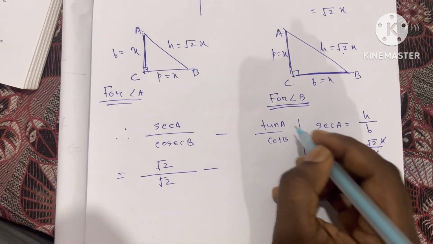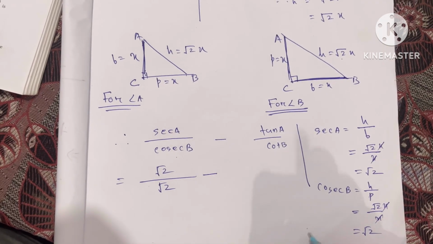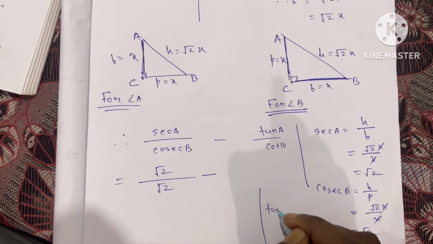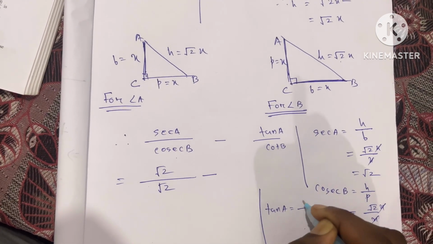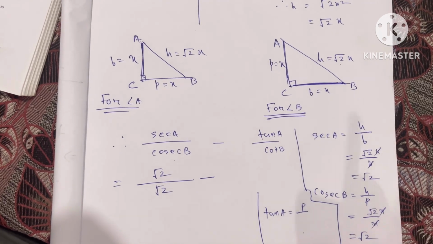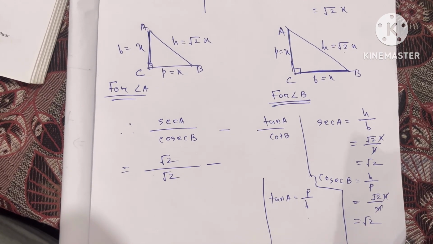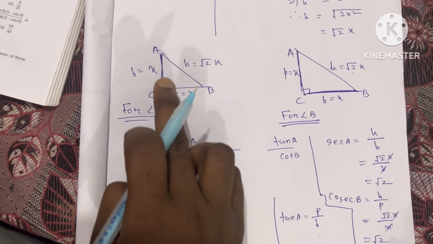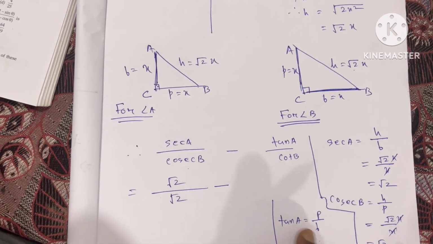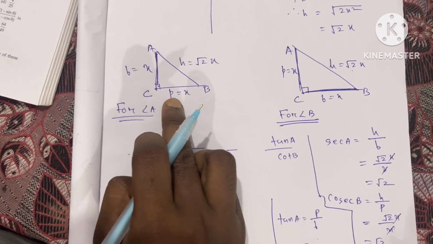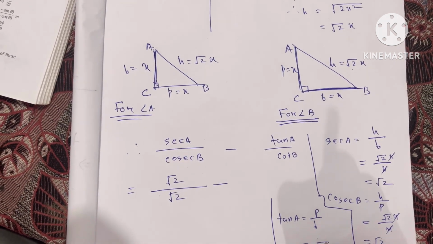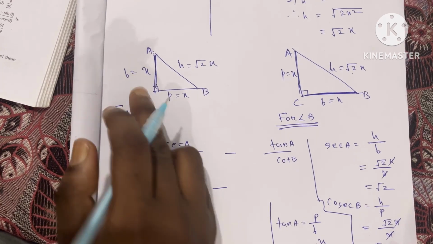In the same way, we can find the value of tan A. Tan A is equal to perpendicular by base. For tan A we have to see this triangle. The value of p is x, and the base is also x.